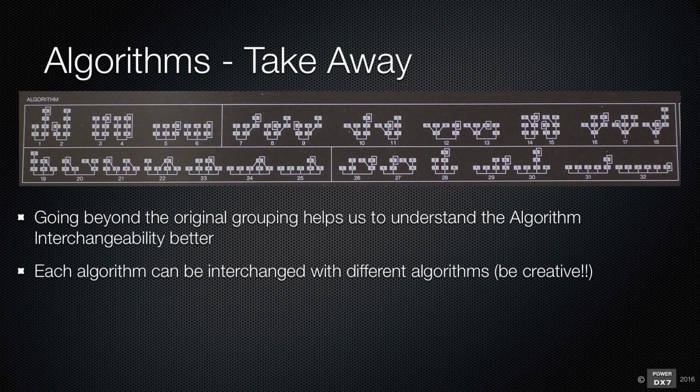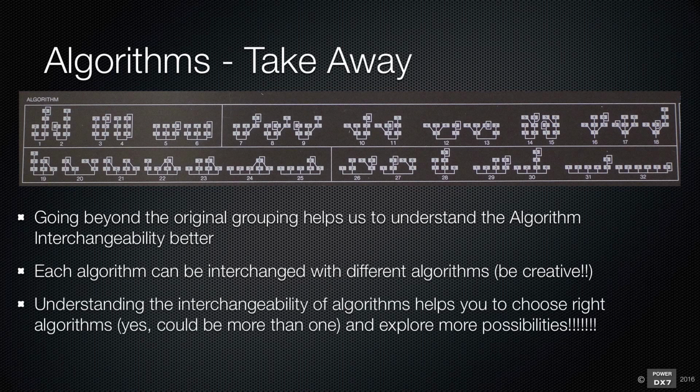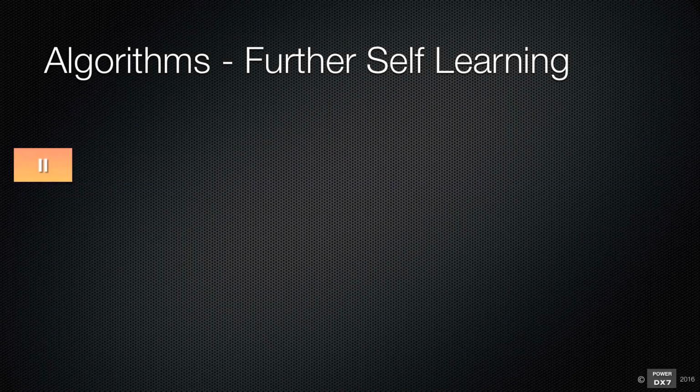And I encourage everyone to be creative and find your own interchangeable algorithms. Finally, and most importantly, understanding the interchangeability of algorithms helps us to choose the right algorithms and explore more possibilities.